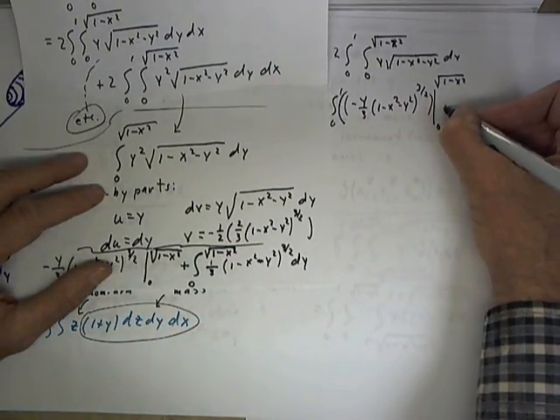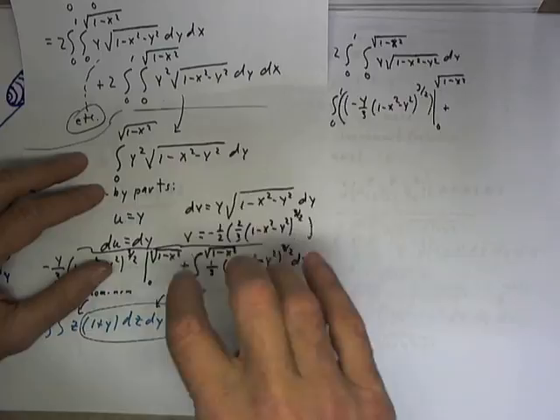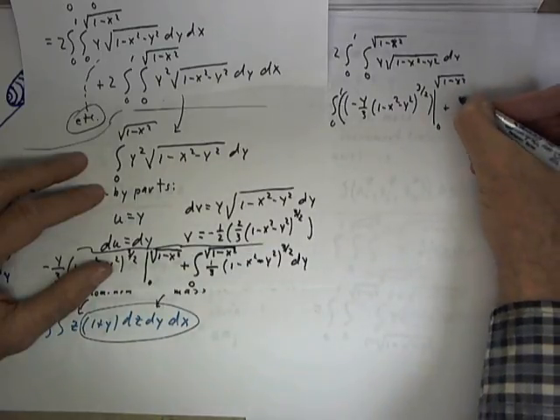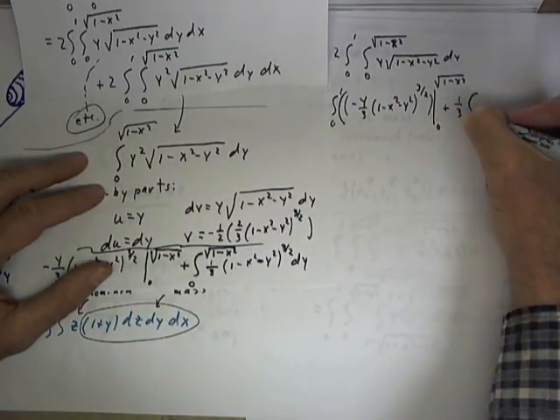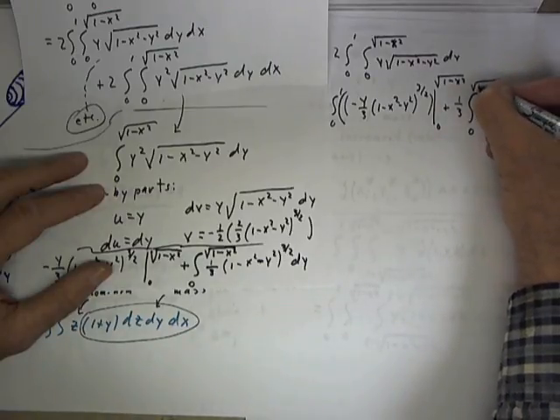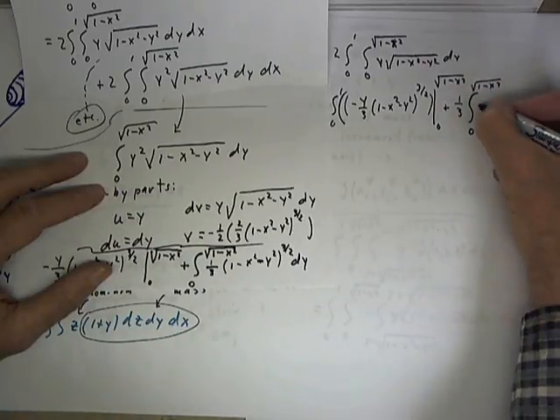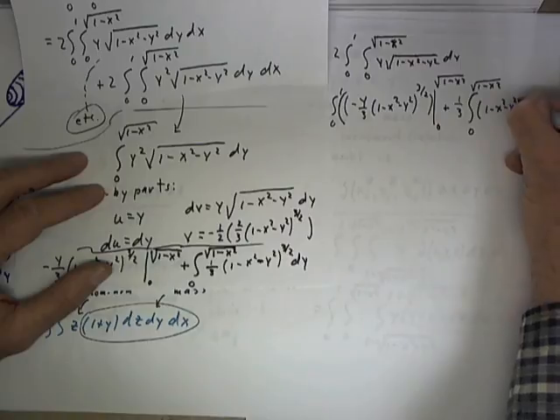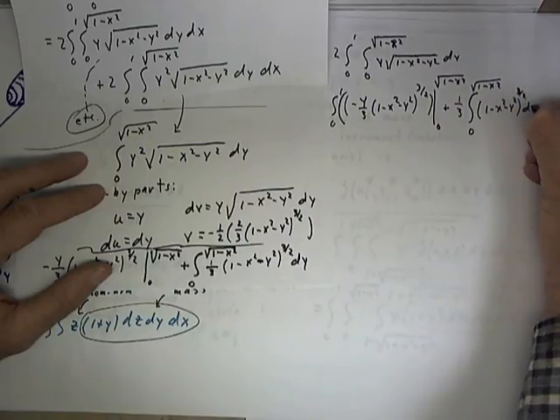And then that's plus this integral from 0 to the square root of 1 minus x squared, etc. And just copying that, we have, let me bring the 1/3 out like I should have before. 1/3 times the integral from 0 to the square root of 1 minus x squared, 1 minus x squared minus y squared to the 3/2 dy.